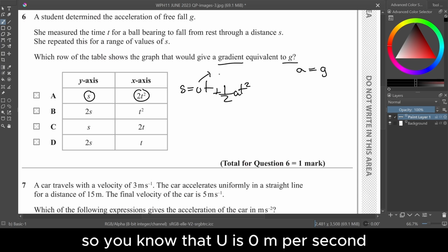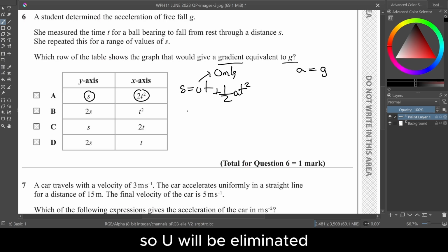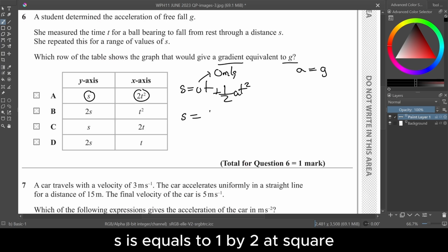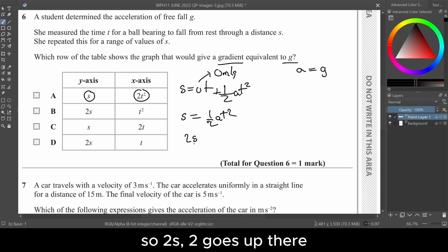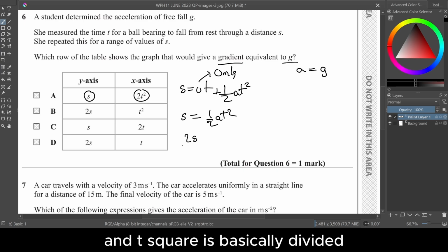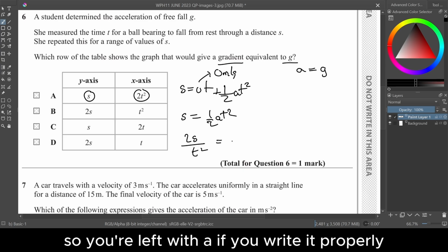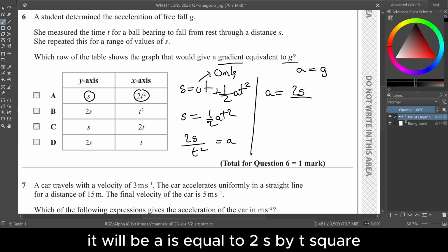You know that u is 0 meters per second, so u will be eliminated. s equals 1 by 2 at square. Now we will make a the subject, so the 2 goes up there, and t square is divided, so you're left with a. If you write it properly, it will be a equals 2s by t square.